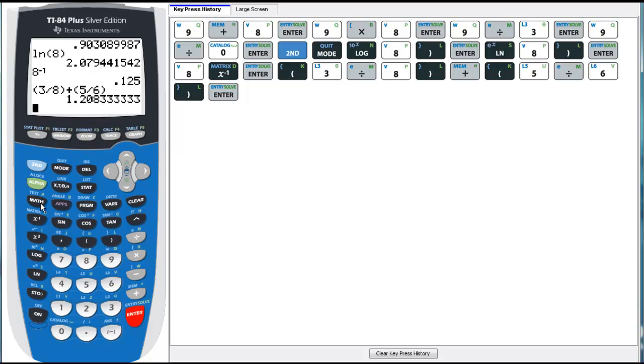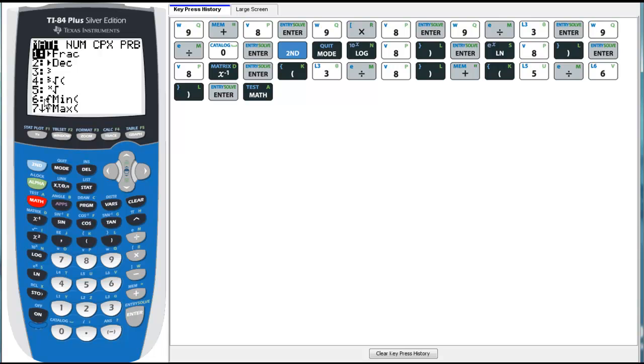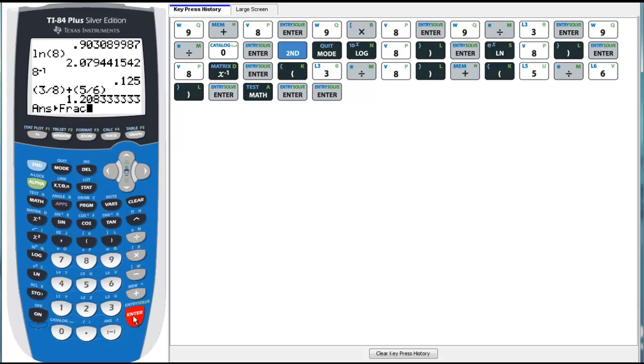All I have to do is go to math, and here is fraction. So it would change the answer to a fraction, which is 29 over 24, which would have been the result if I had performed the addition according to the routine lowest common denominator procedure.